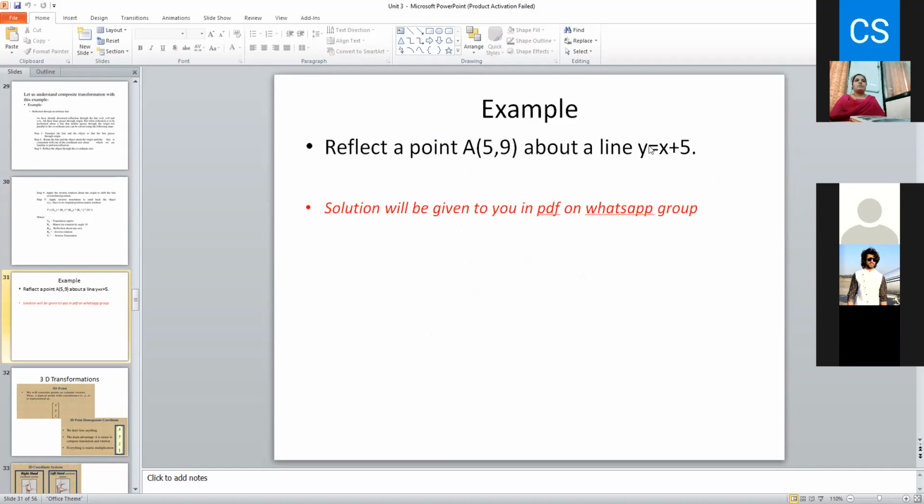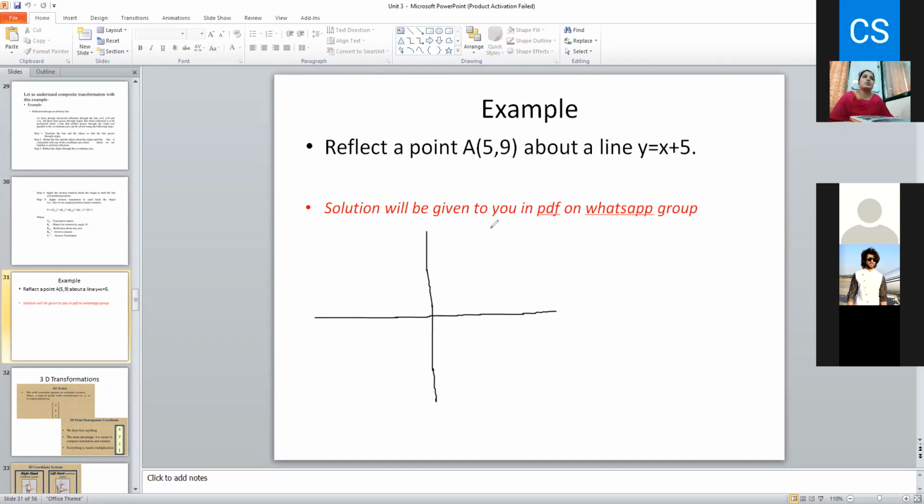So we have this particular example. Reflect a point 5, 9 about a line y equal to x plus 5. I will show you the actual working; the calculation part I will not go into in detail.